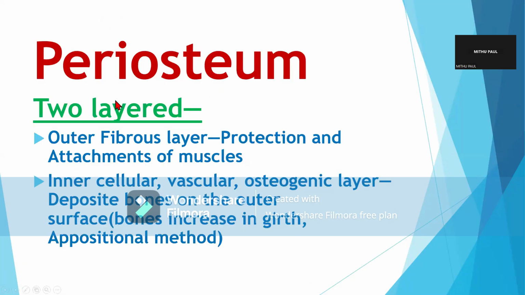Now, the periosteum is two-layered. One is the outer fibrous layer, which is very tensile and gives protection to the inner layer. As it is lying on the outer side, it gives attachment to the muscles and their tendons. And the inner layer, that is inner to the outer fibrous layer, is cellular, one layer of flat cells, and it is very vascular.